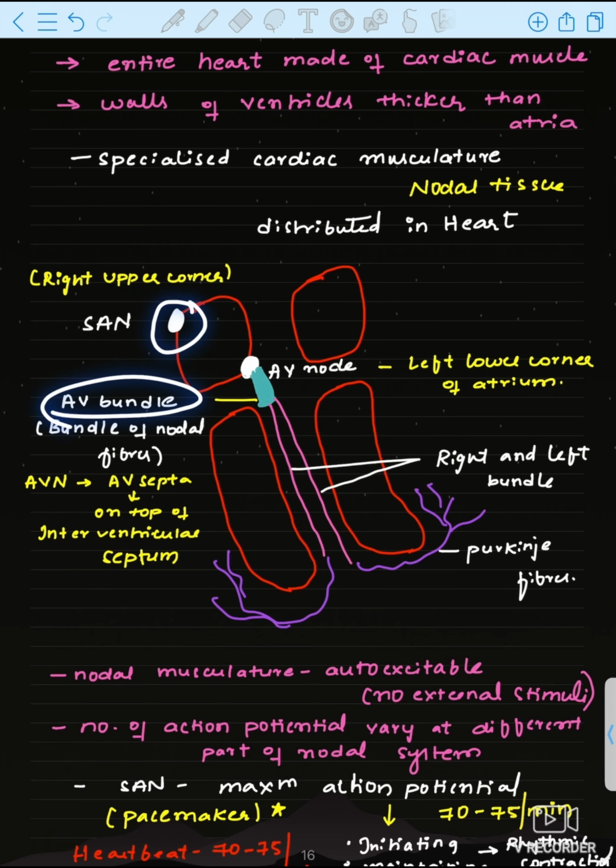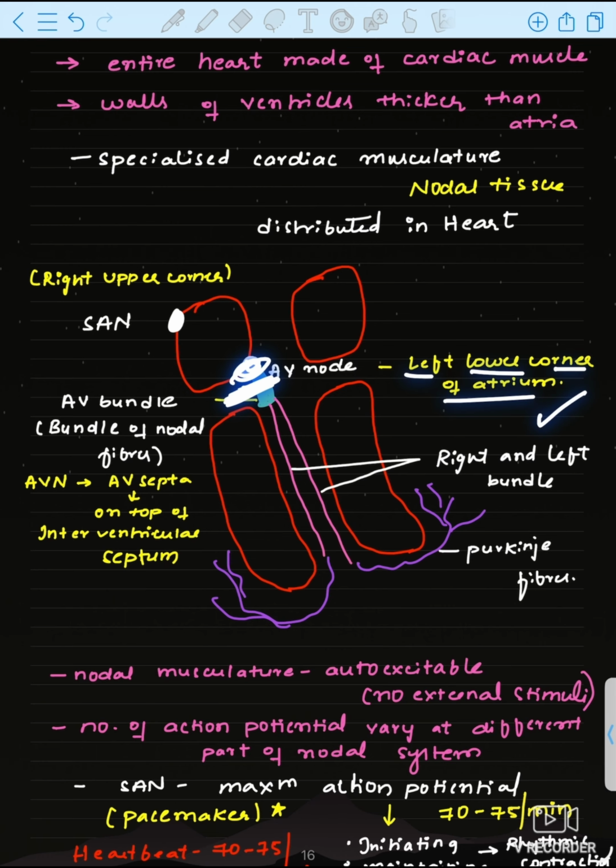See, this is the sinoatrial node, which is located on the right upper corner. See, this is the right side, this is the left side. On the upper side, right side, you can see the sinoatrial node, and the AV node is on the lower side of the atrium, the left lower corner of the atrium.